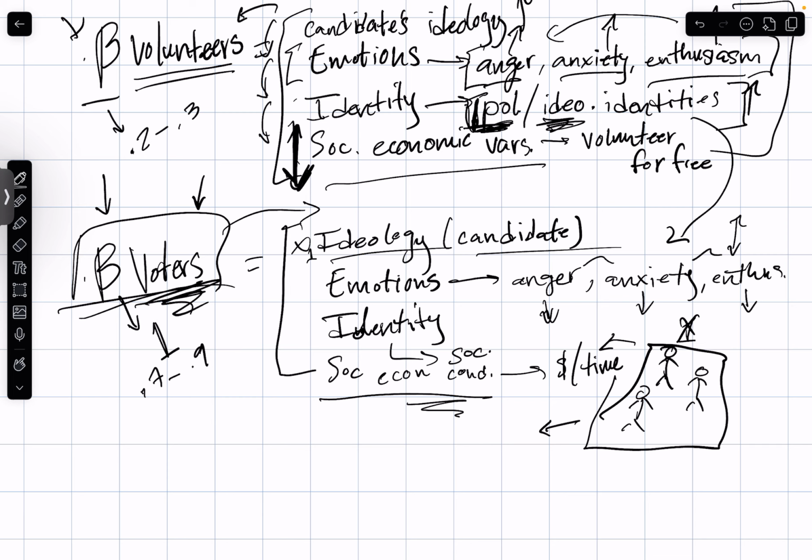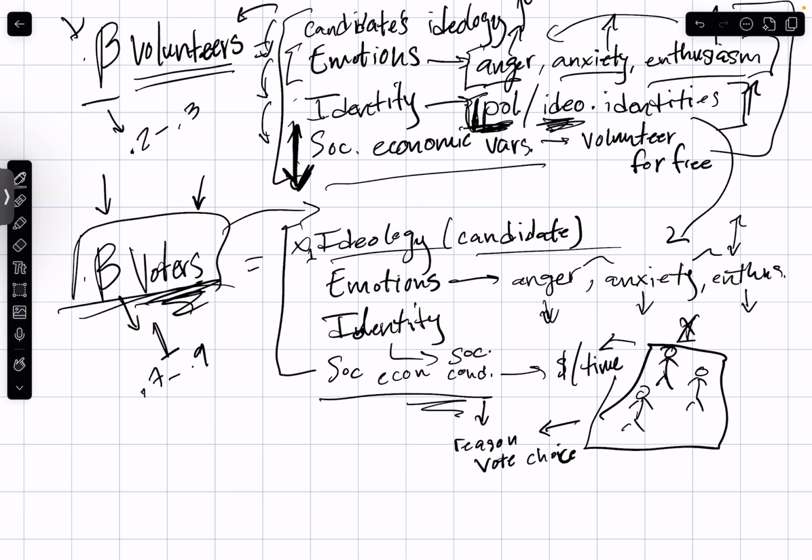But not only that, they might use these socioeconomic conditions as their reason to vote and who to vote for. So their vote choice, right?